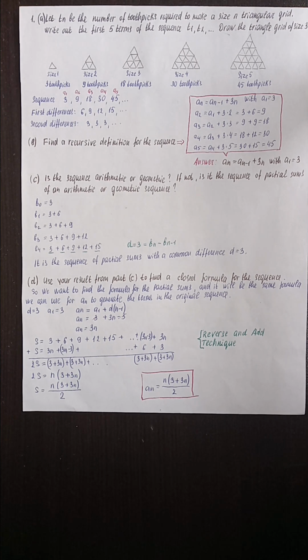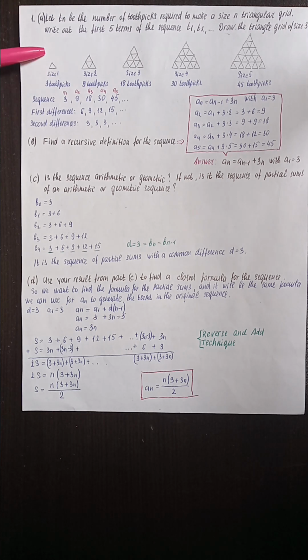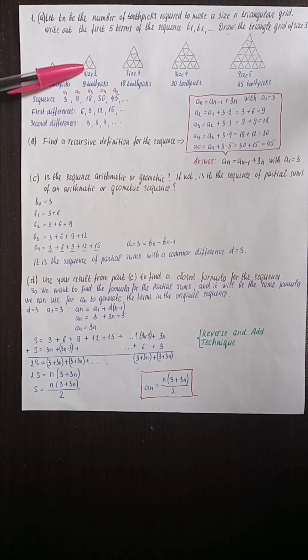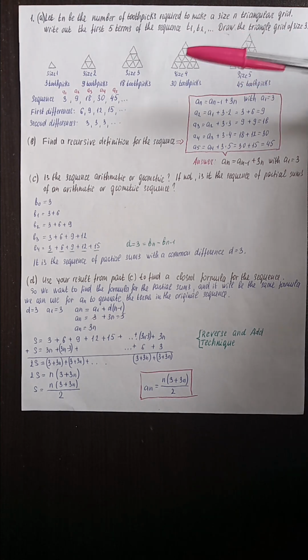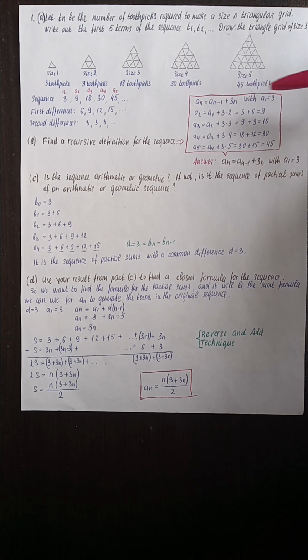So, we are given 3 toothpicks. With 3 toothpicks, we can draw one size 1 grid. So 1, 2, 3. With 9 toothpicks, we can draw a size 2 grid, and we draw a size 3 grid with 18 toothpicks, and we can continue.